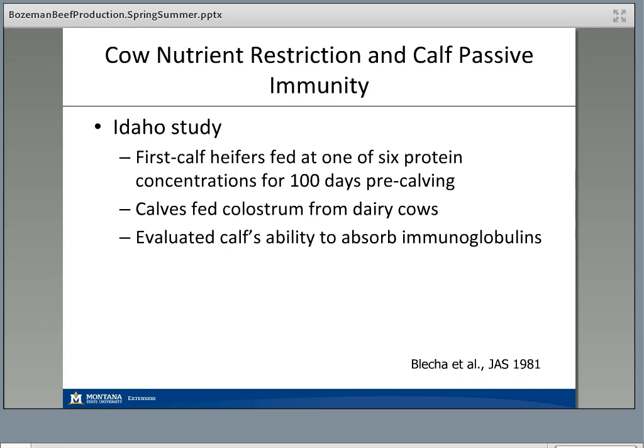And then when the calves were born, they pulled them from their dams, didn't allow them to nurse, and they were all fed colostrum from dairy cows. So they were fed the same amount of colostrum and had the same concentration of immunoglobulins in it. So this allowed the experiment to evaluate how well the calf absorbed immunoglobulins, because everybody was getting the same exact amount and concentration.